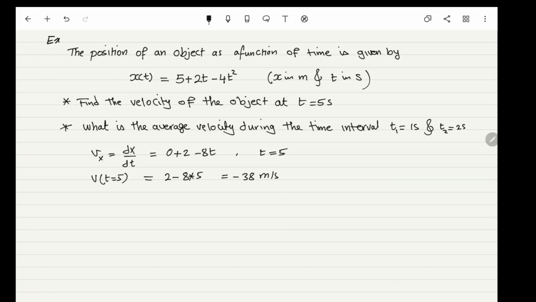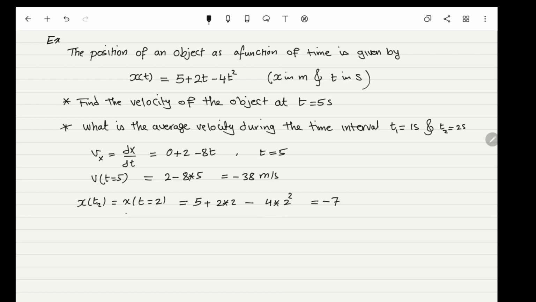Now, to find the average velocity, we need to find the position at t equals 1 second and the position at t equals 2 seconds. So x at t2, which is x when t equals 2, equals 5 plus 2 multiplied by 2 minus 4 multiplied by 2 squared, which equals minus 7.